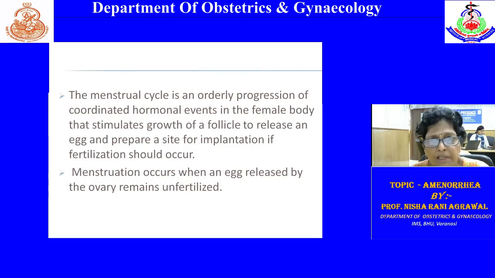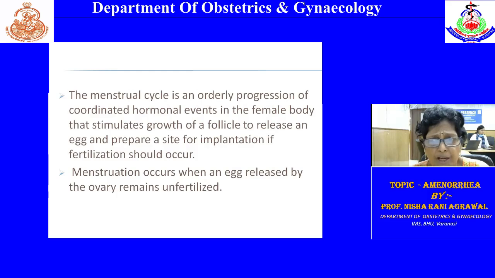Normally, the menstrual cycle is an orderly progression of coordinated hormonal events in the female body. The coordinated events are the hypothalamic-pituitary-ovarian axis that stimulates growth of a follicle to release an egg and prepare a site in the endometrium for implantation if fertilization should occur.